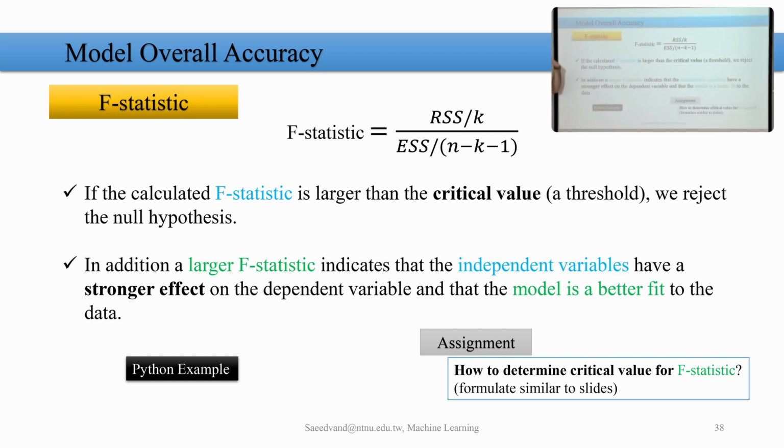In previous metrics I told you what the value should be, but here it is your work to find out: if we want to use the F statistic to reject the null hypothesis, what value should we look at, and if it's greater or smaller, what should make the decision. Clear? The answer is very simple, not too hard, we just need to have a look.